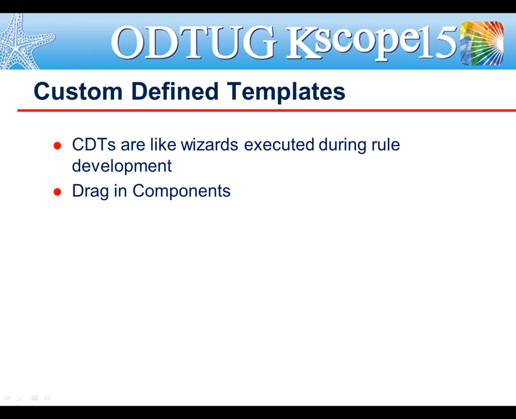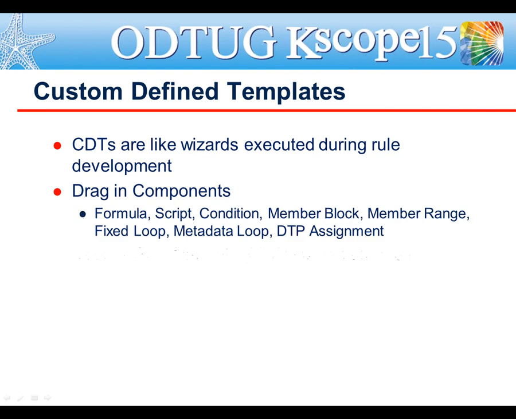So the CDT designer is going to drag in various components to create the script structure. The most important components are probably formulas, scripts, member ranges, and conditions, but there's several other components as well.